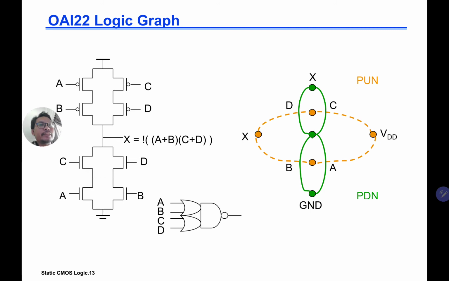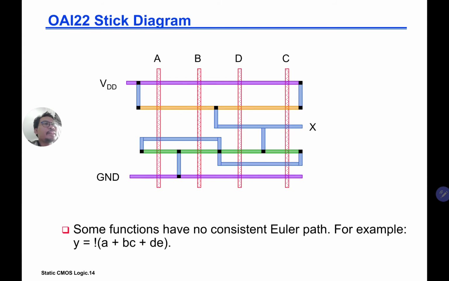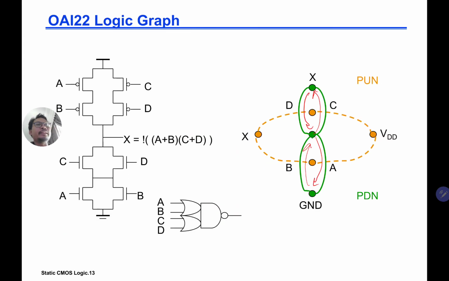For example, a consistent Euler path can be A, which is visited already, not allowed to visit anymore, and then B, and then C, and then D. There can be more than one Euler path, but in this case let's try ABDC. Can we get the same for the PMOS?